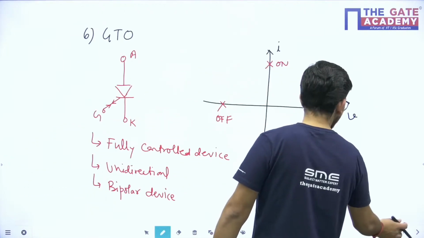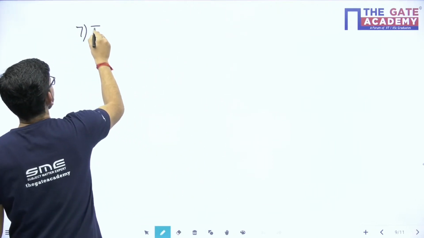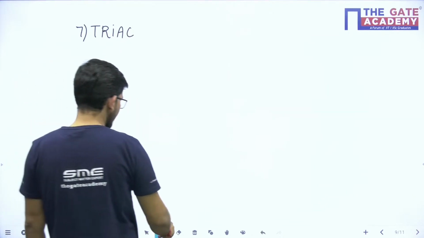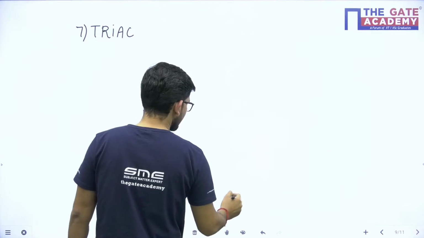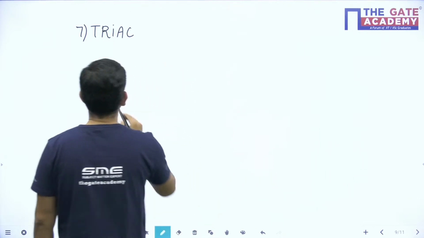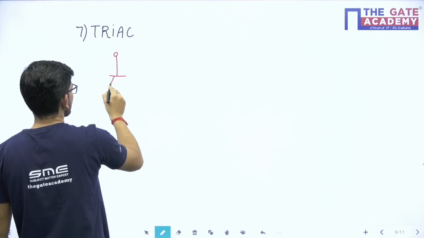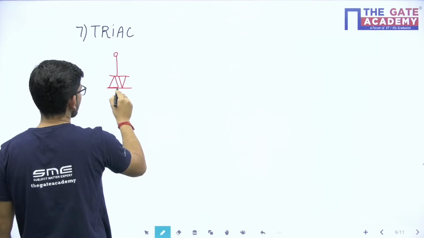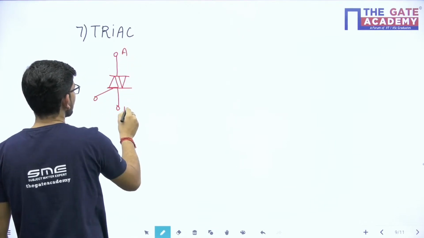Now after GTO, let us discuss another switch which is Triac. What is the circuit symbol of Triac? It has anode, cathode and gate.